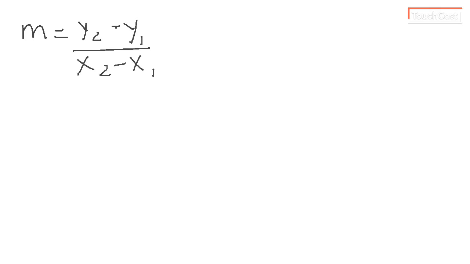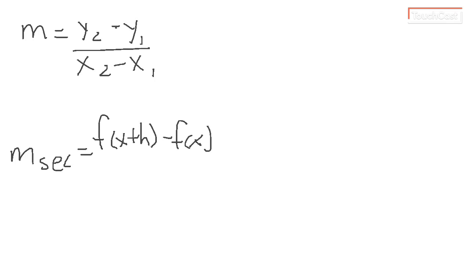Now, we're going to look at this with a little different notation, because if we're looking at purely the tangent line, we've only got the 1 point. If we're thinking about those secant lines, then we've got 2 points. So the slope of our secant line is going to equal f of x plus h minus f of x, all over, and if we went x plus h minus x, all we would be left with is h.